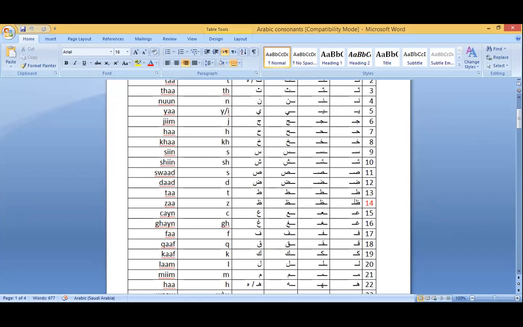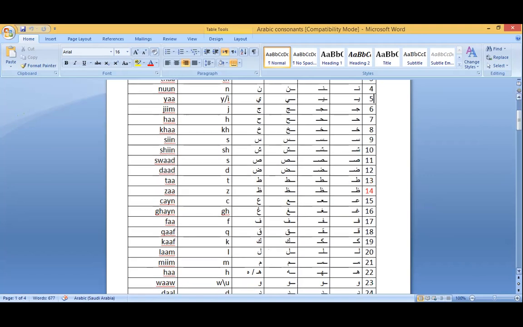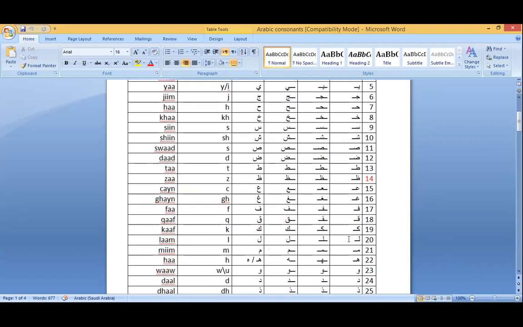Is there any change? There's no change there. A and ra. There's no change. This is a isolated, and this is a. This is ra. There's no change. Fa and qa. There's no change. Ka and la.